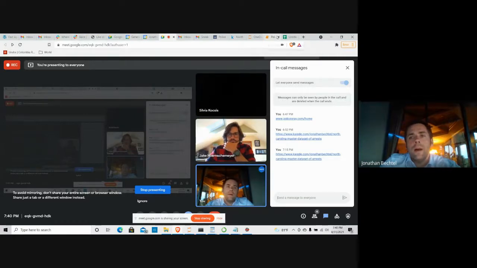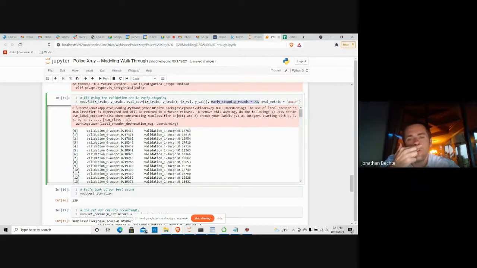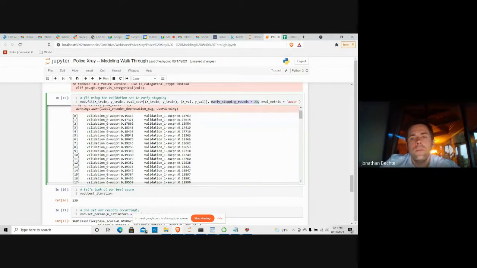And so what we're doing is after every single round of training, we score the model on the validation set right over here. This argument means if we go at least 20 rounds without improvement on the validation set, the model is going to turn itself off.